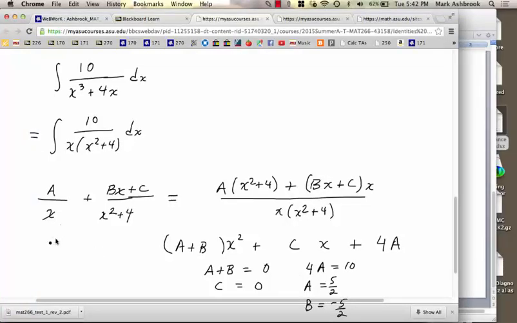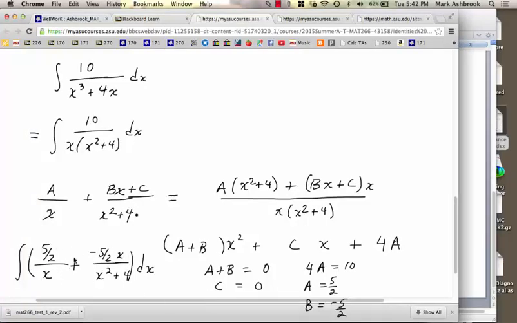So we got it. We have 5 halves over x plus negative 5 halves x over x squared plus 4, and it's going to be the antiderivative of that, dx. That's easy.